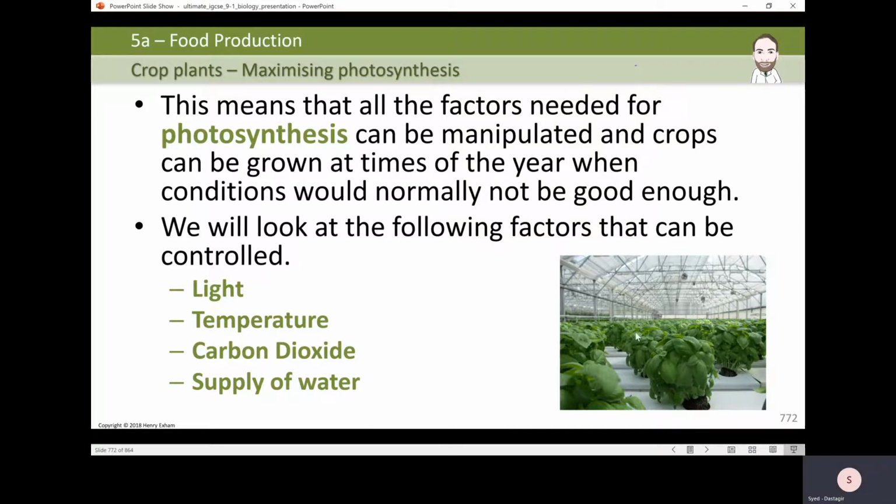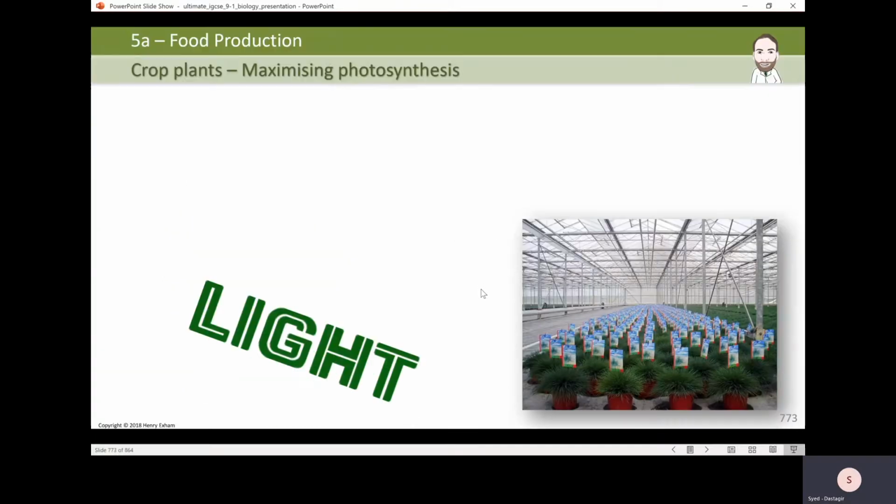As you can see, here's a picture of an example of a greenhouse. So first of all, light. We can control the amount of light, as opposed to wild plant life, where it's dependent upon the daytime or the sun. So we can actually artificially, let me just check the mic is on.